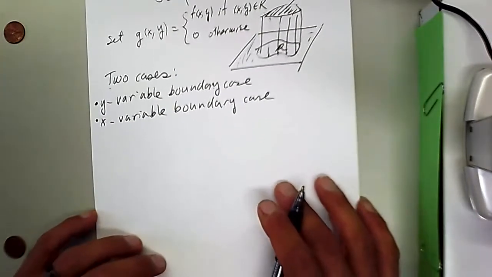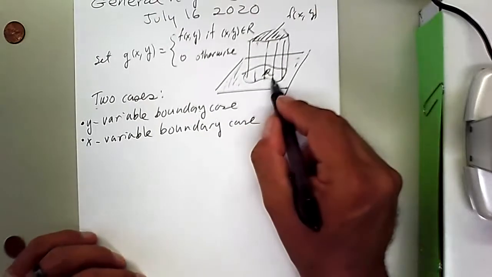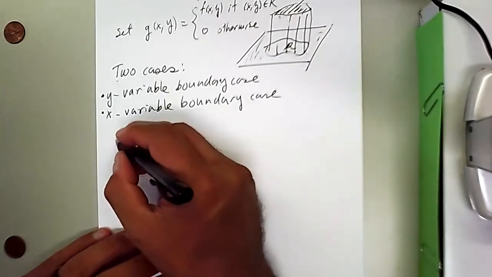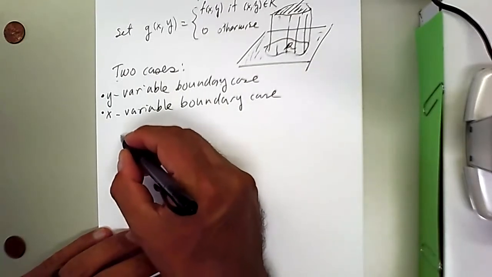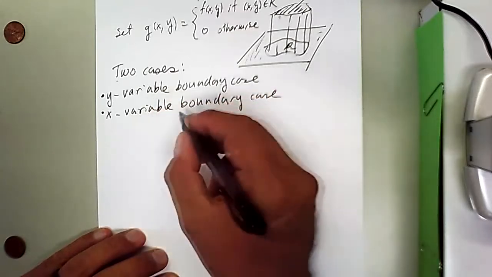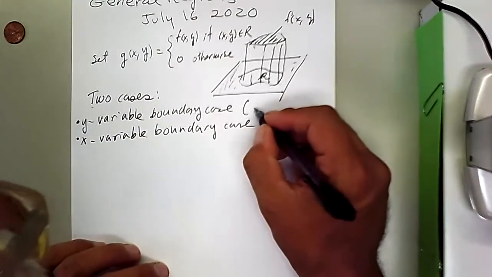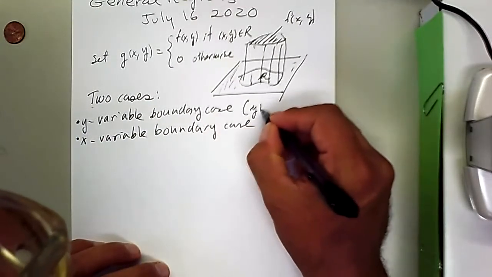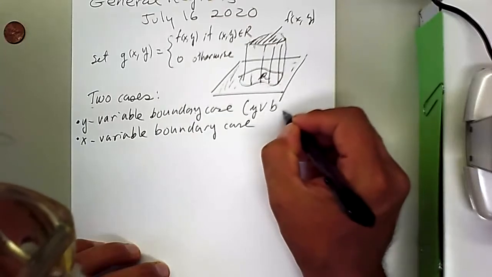So the y variable boundary case for the region, so let me see how we can abbreviate this.